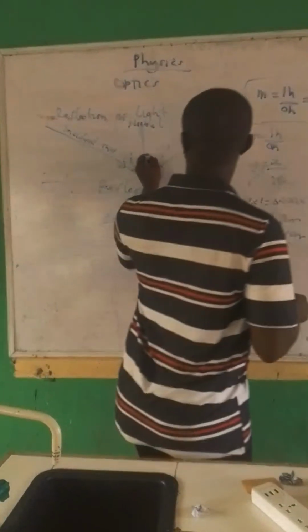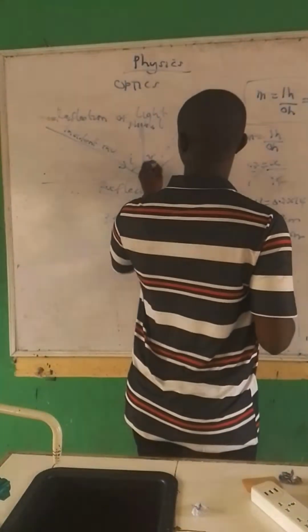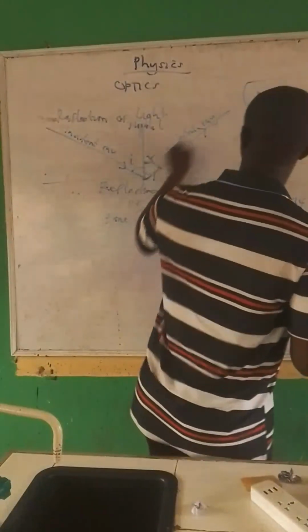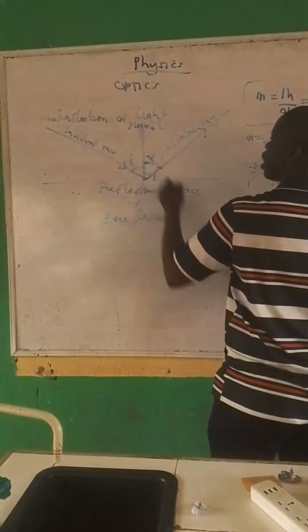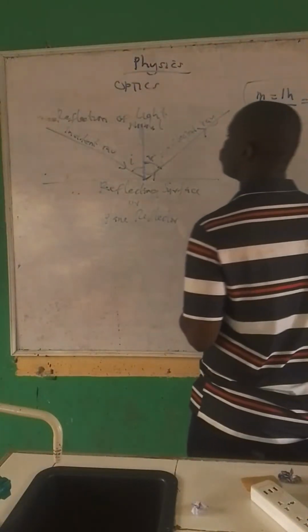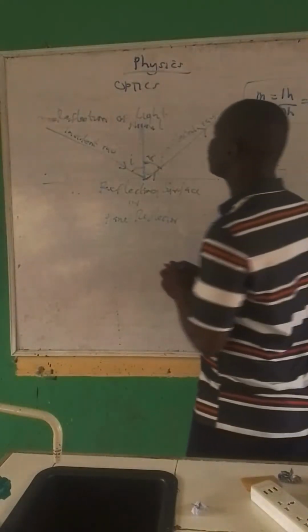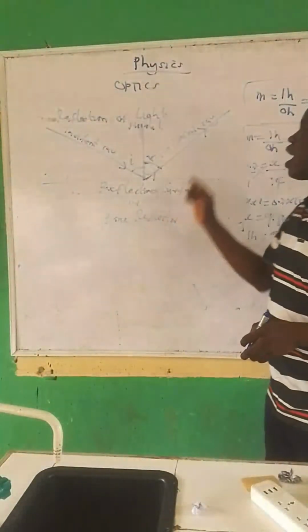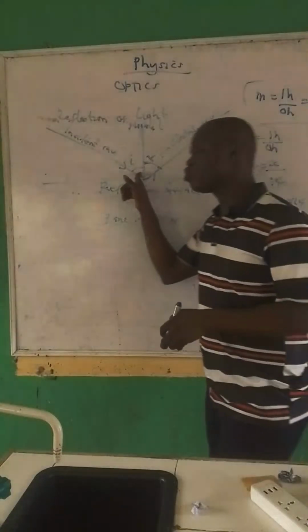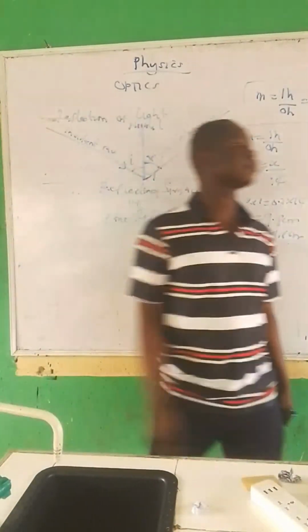We call it R. The angle between the normal and the reflected ray is called what? The angle of reflection, which is R. While the angle between the incident ray and the normal is called the angle of incidence, which you represent as I.